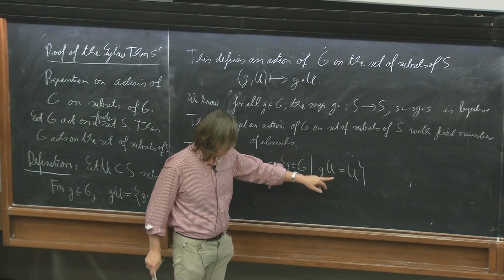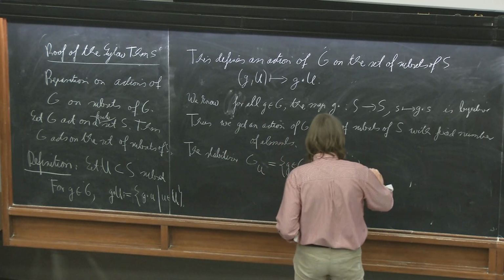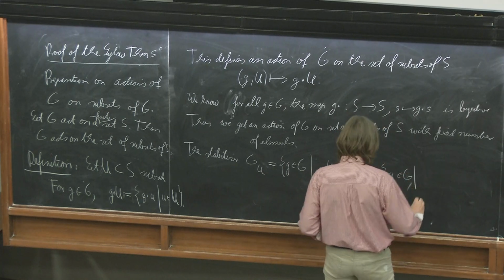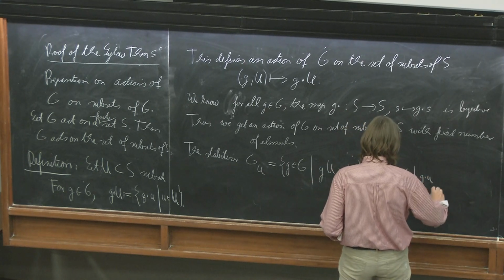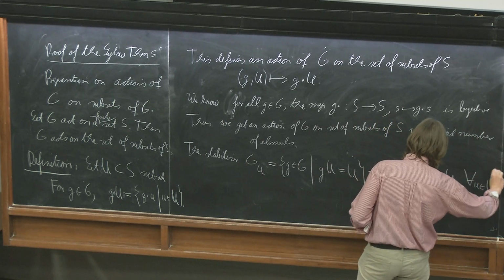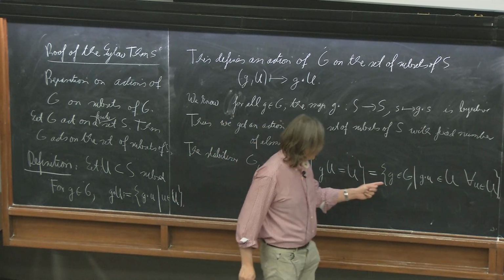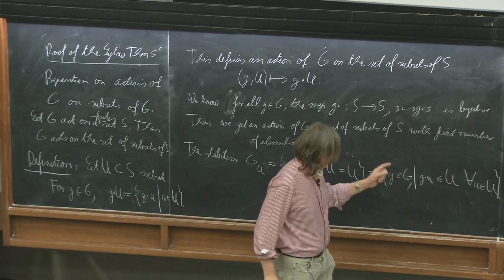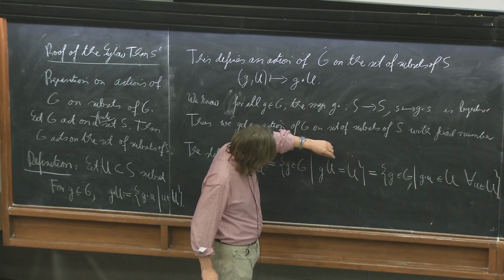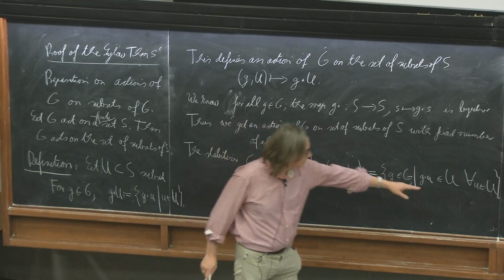Which is, we can also say this is the set of all g in G such that g times u is an element of U for all u in U. Because this says gU is contained in U, but gU and U have the same number of elements, so therefore they must be equal.